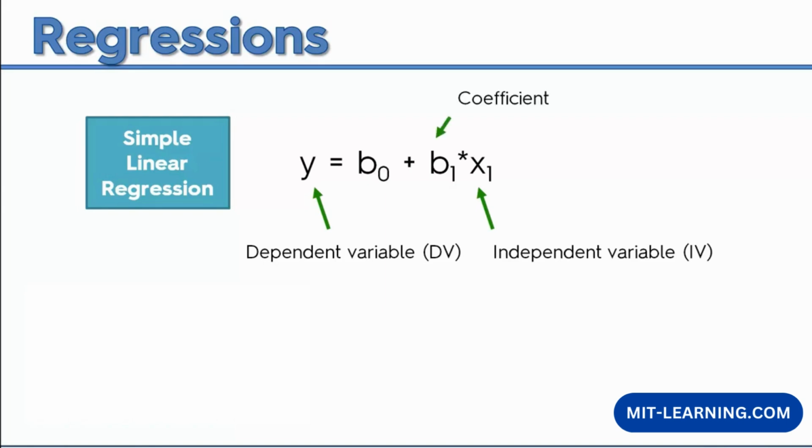Then B1 is the coefficient for the independent variable, and it says how a unit change in x1, and we'll be talking about unit changes a lot, affects a unit change in y.